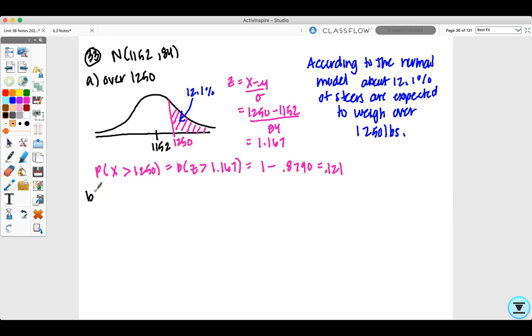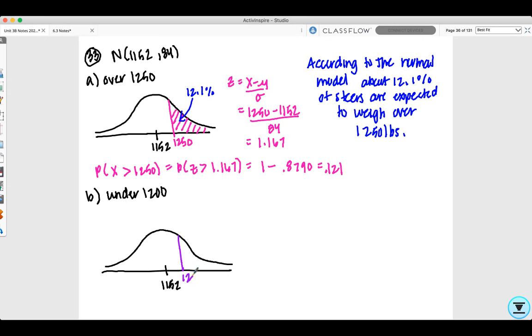So let's look at B. B was under 1,200. So I have 1,152 here, 1,200 here, and under would look like this.